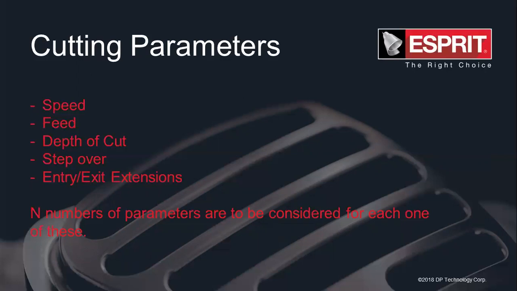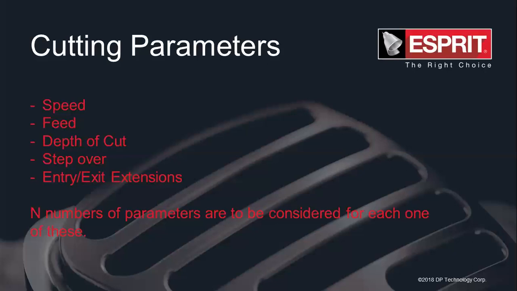So step over is nothing but the space between passes of a tool, that is, how much it will cut in a single pass, and by how much spacing it will move. That is the parameter we have to give in various CAM softwares. And what is entry and exit extension?